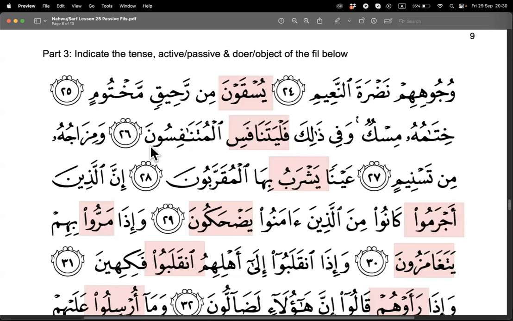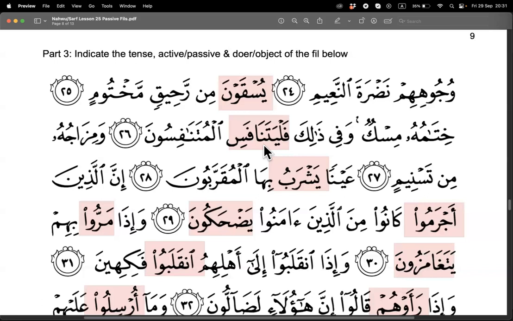Al-mutanafisuna. Is this an ism or a fi'il? This one is ism. Yes. What status? Status is rafa. So what is an ism rafa doing here after fi'il mudari?